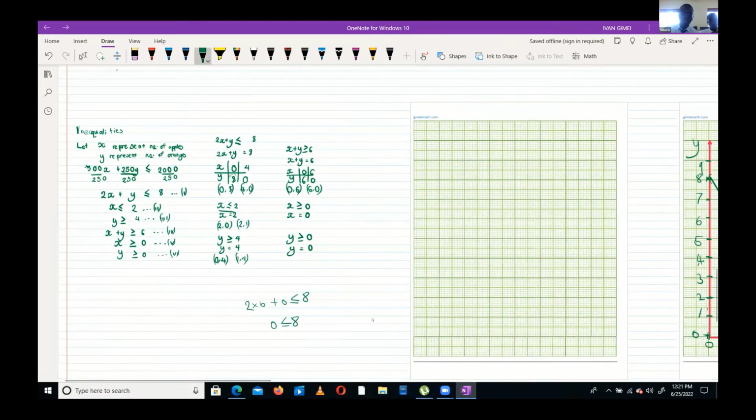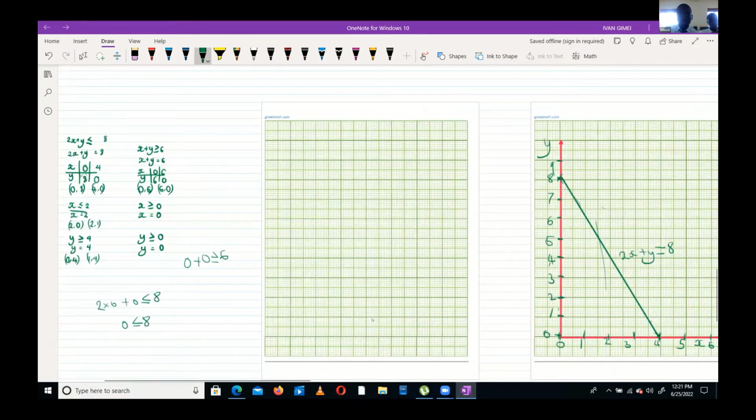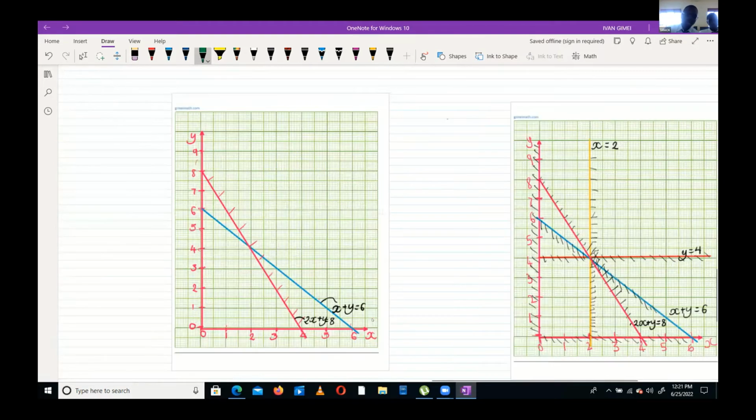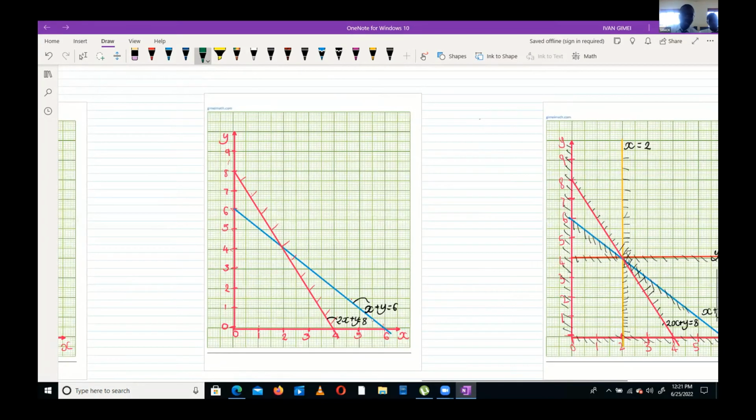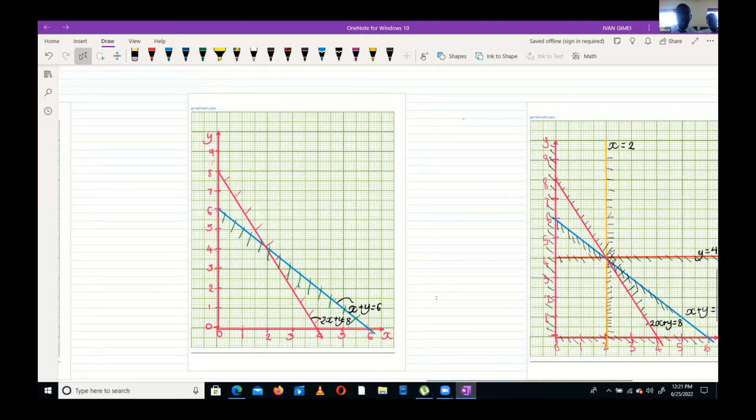So 0 plus 0 is greater than or equal to 6. Now this is not correct, so we're going to end up shading this side. Since 0 is less than 6 and the inequality needs values with a sum that's greater than 6, 0 does not fit, so it's in the shaded region.